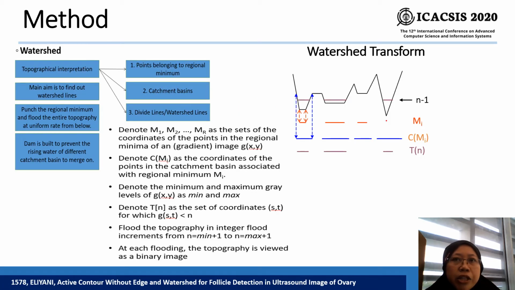Watershed segmentation. Topographic interpretation: point viewing the regional minimum, catchment basin, the white line or watershed line. The main aim is to find the watershed line, punch the regional minimum, and flood the entire topography at a uniform rate from below.